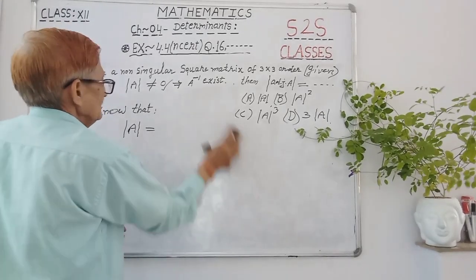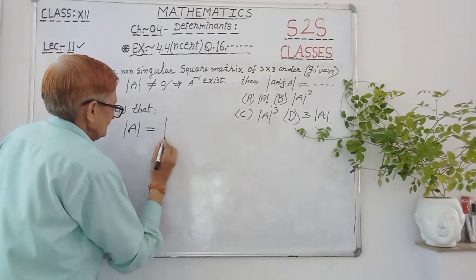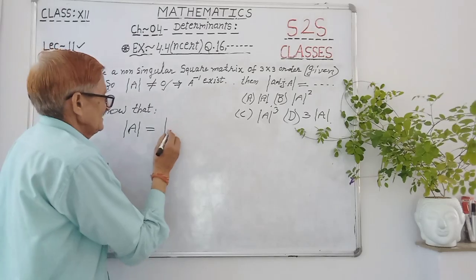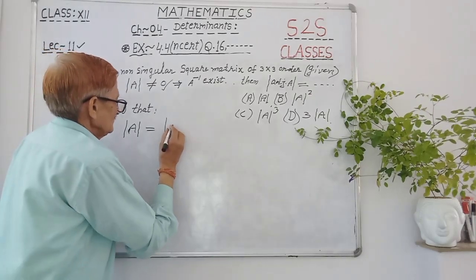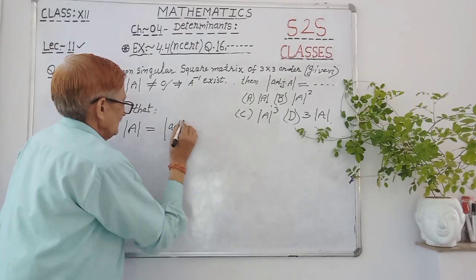Then determinant A is related to determinant of adjoint of A.